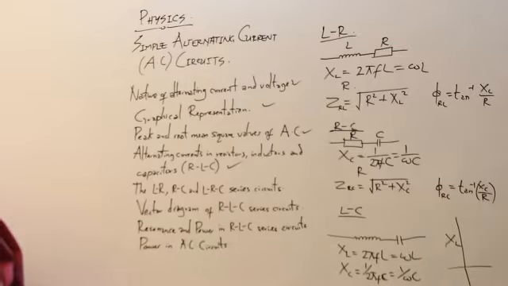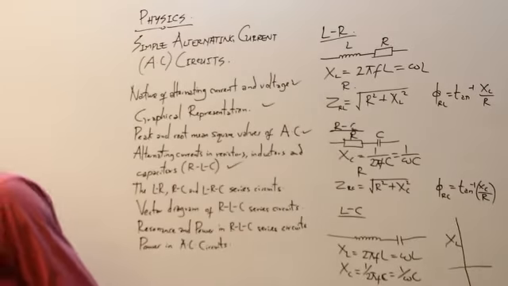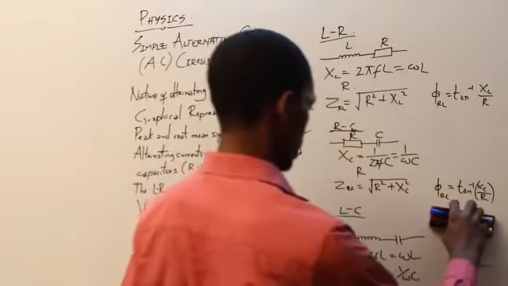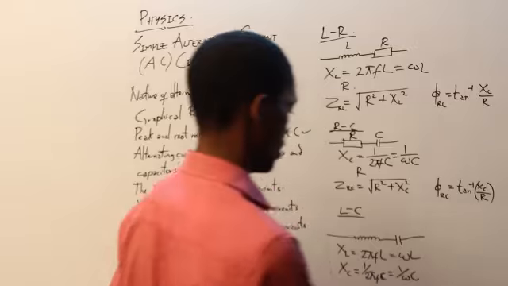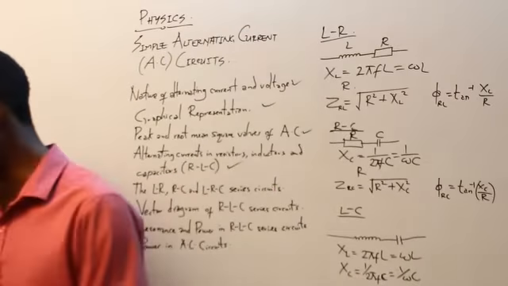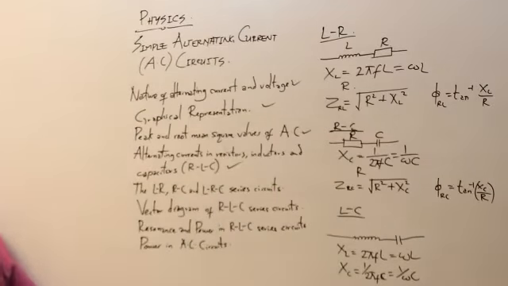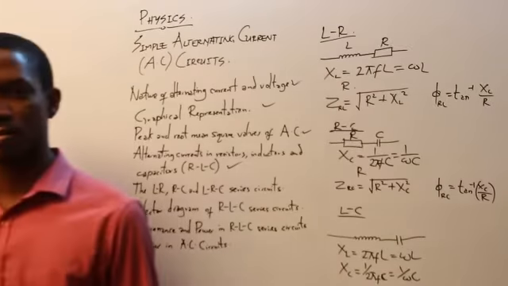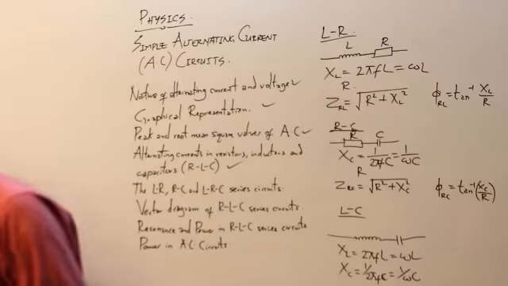XL minus XC, so that is the impedance. And well, there is no phase angle between them. The phase angle between them is equal to 180 degrees, and arctan of 180 degrees is equal to 0.